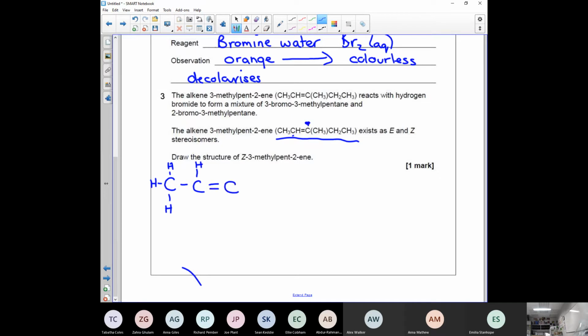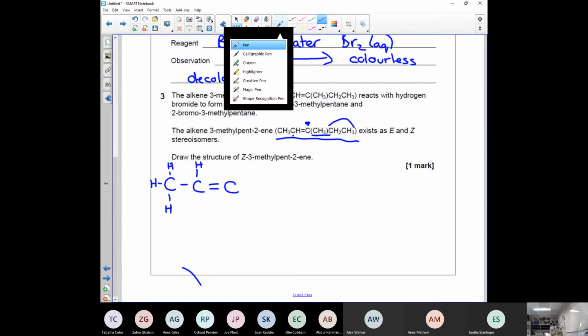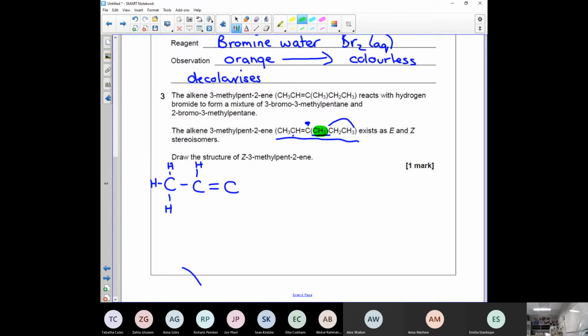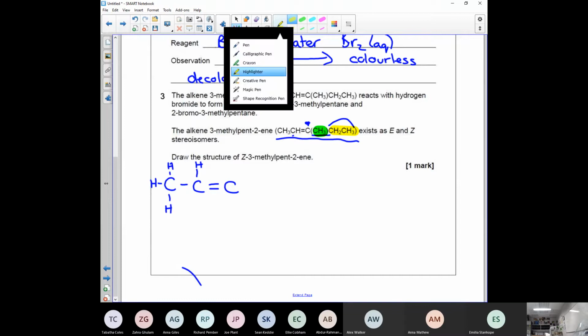That carbon there is bonded to a CH3 group and a CH2 group. So if I just highlight that, we've got the CH3 group in green. Both those groups, the one I've highlighted in green and the one in yellow, are attached to that carbon with the blue dots over it.